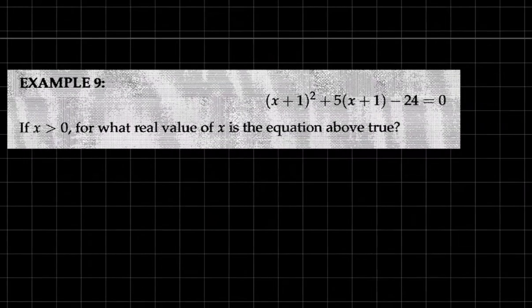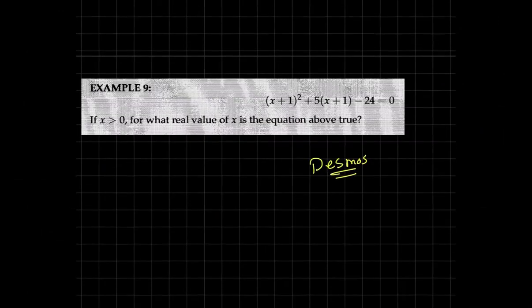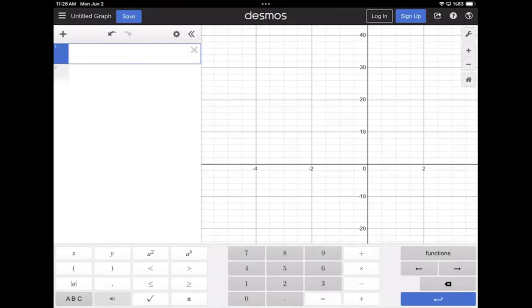Example number 9, if x is positive, for what real value of x is the equation above true? So guys, again, this equation, you can solve it very quickly on Desmos, and you can do it manually as well. So just go to Desmos and graph it and find x-intercepts. So if you go and do it, let's write the equation.